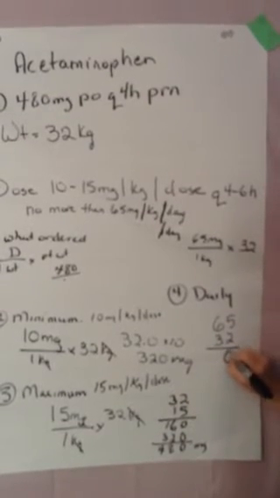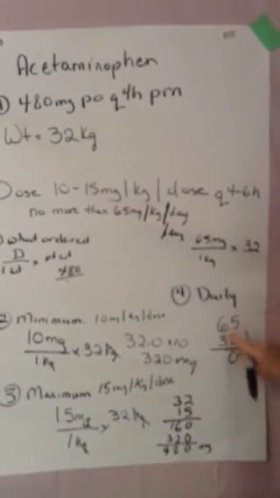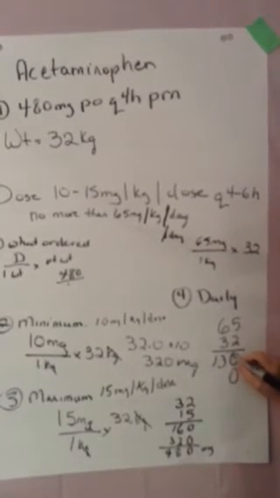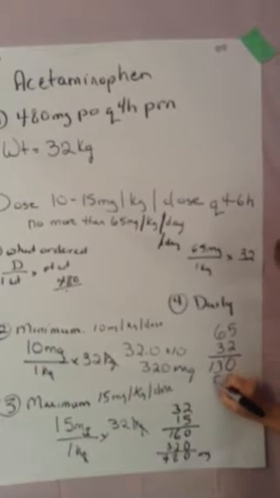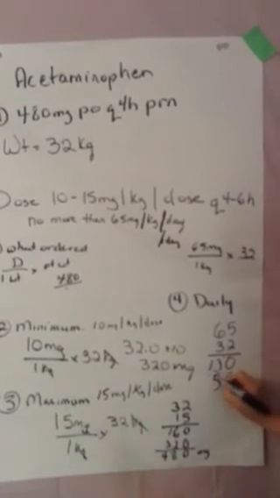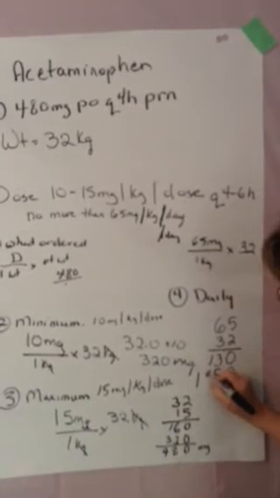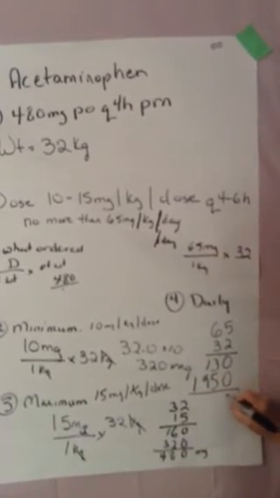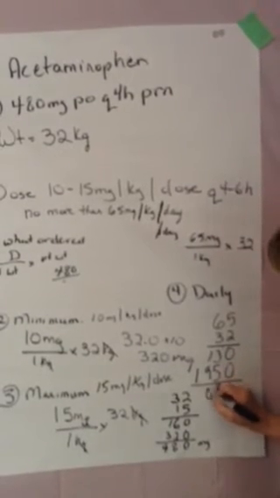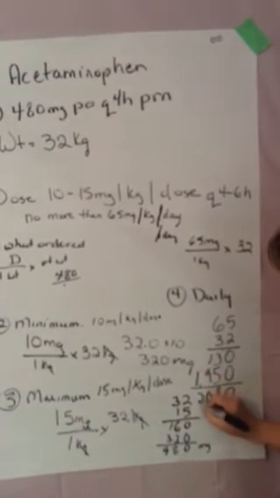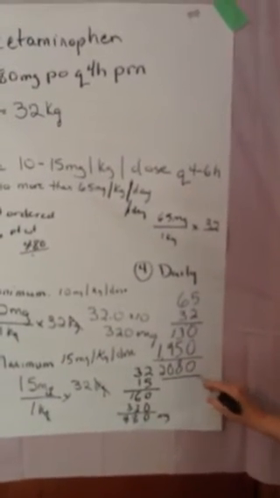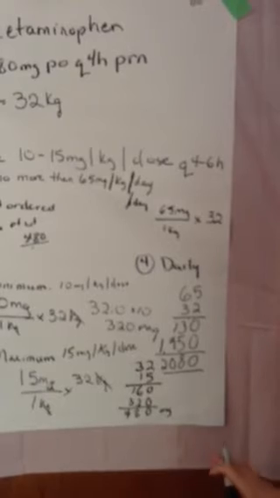So 2 5s are 10, 2 6s are 12, plus 1 is 13. Add your 0. 3 5s are 15. 3 6s, 6, 12, 18, plus the 1 is 19. So 0, 8, 9 and 1 is 10, 1 and 1 is 2. So we can only give 2080 milligrams throughout the day.